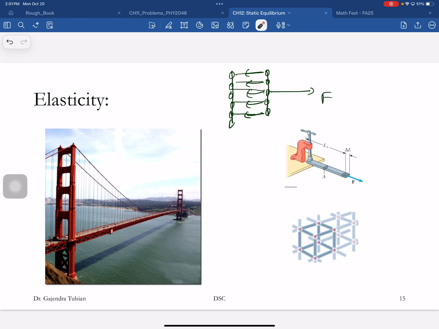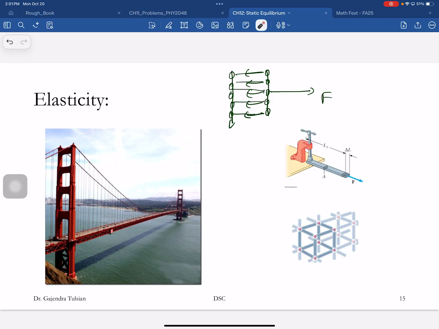So this layer is being pulled with a force of 100 pounds. They're being pulled back. What is this layer? That layer is also, see, this spring stretches. They're pulling these guys. That is also being pulled by 200 pounds and so on. Anyway, so you guys understand that. So you double the force, the stretch doubles.